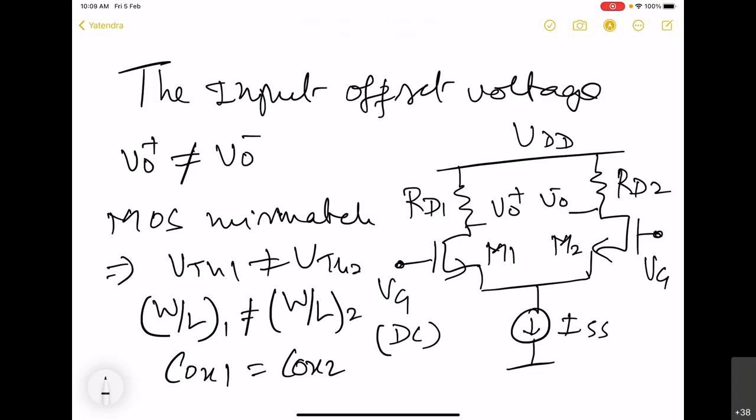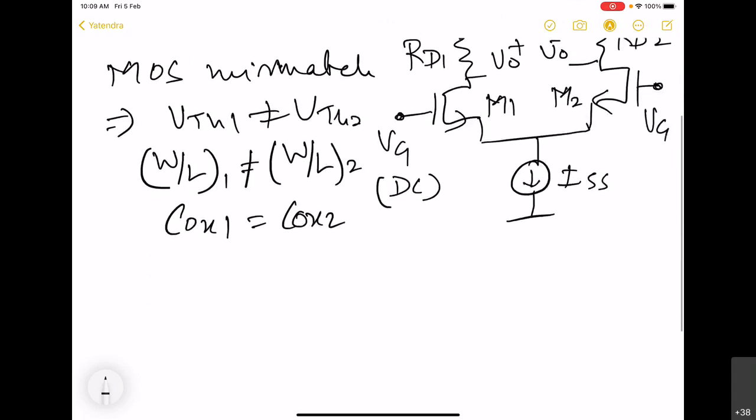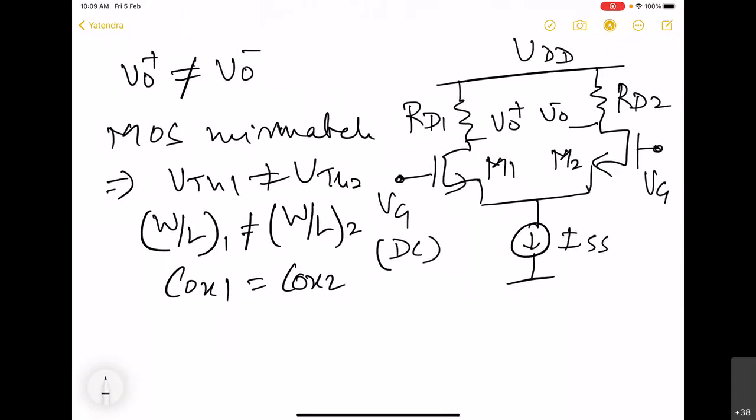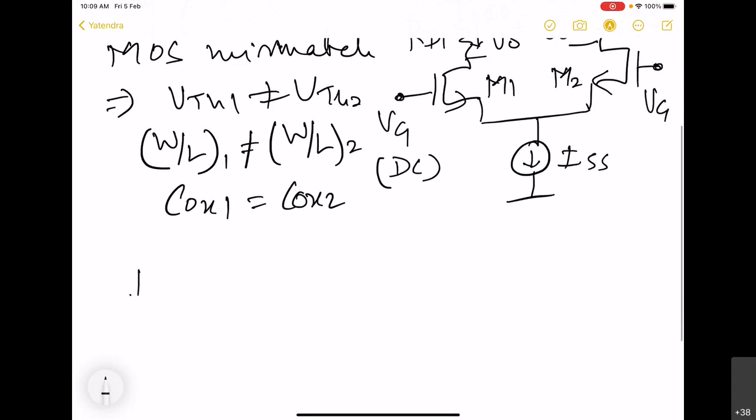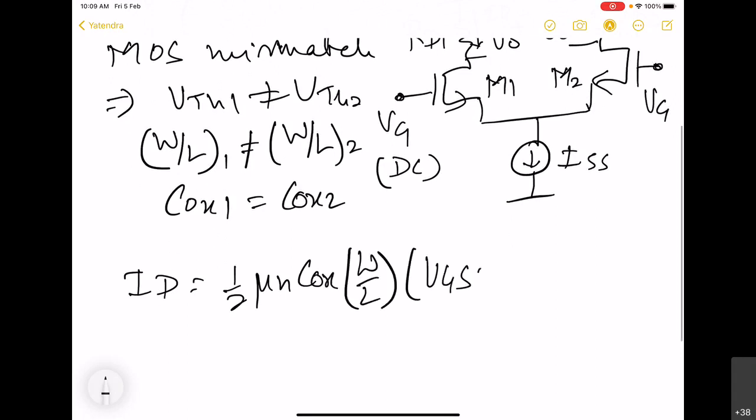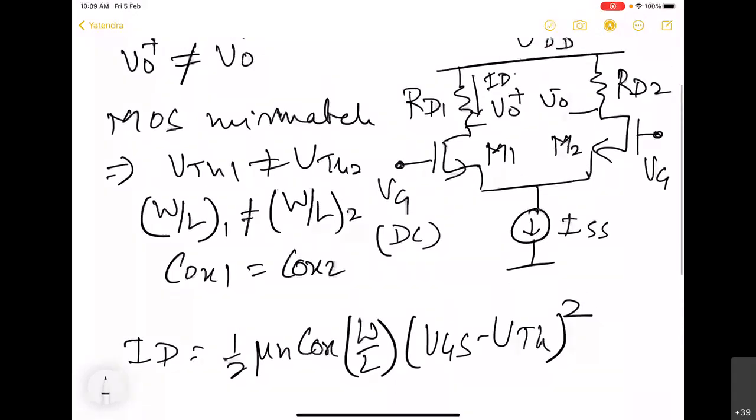And we can see why that will happen, because we know that this drain current ID is given by 1/2 mu n COX W/L (VGS minus VTH) whole square. Of course, we are talking about the scenario in saturation because we always use MOS in saturation.